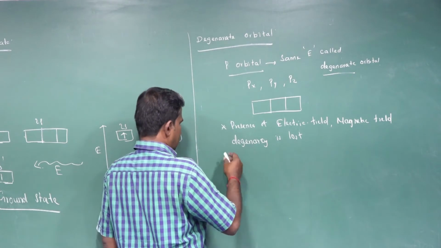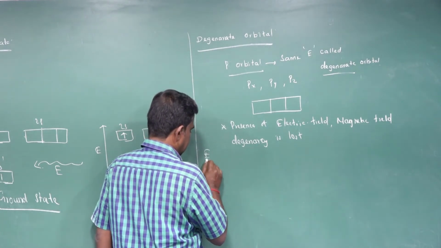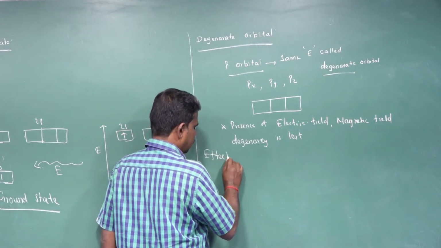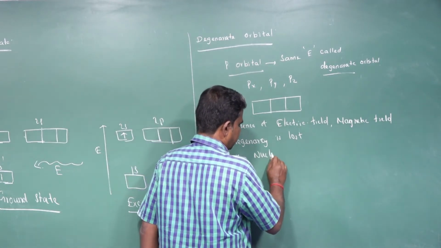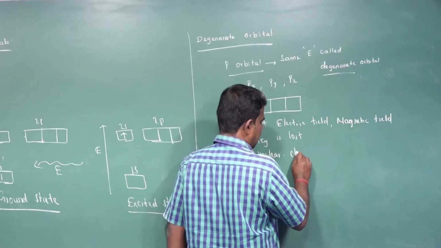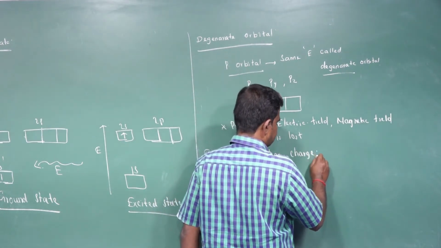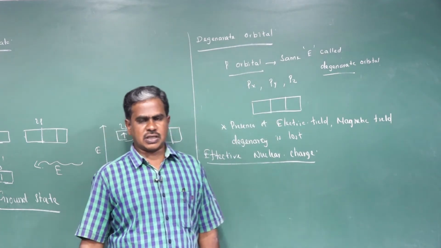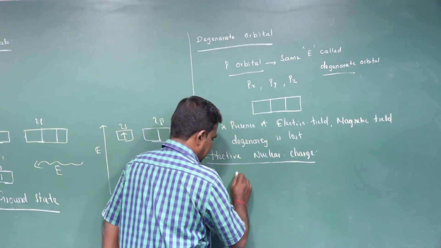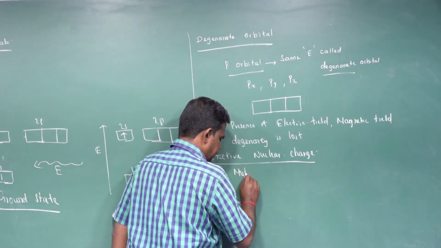And the next one we are taking is effective nuclear charge. What is effective nuclear charge? Suppose we are taking a multi-electron system.